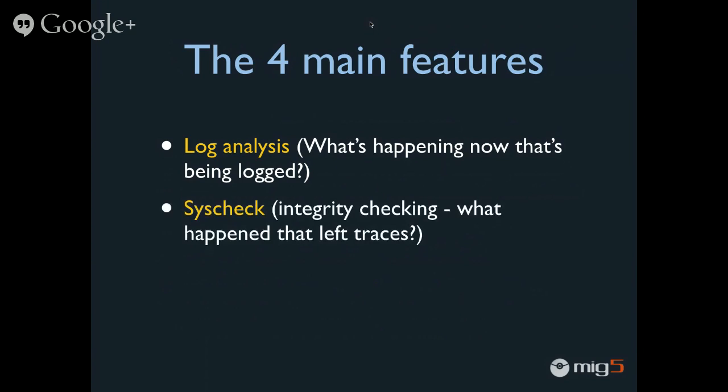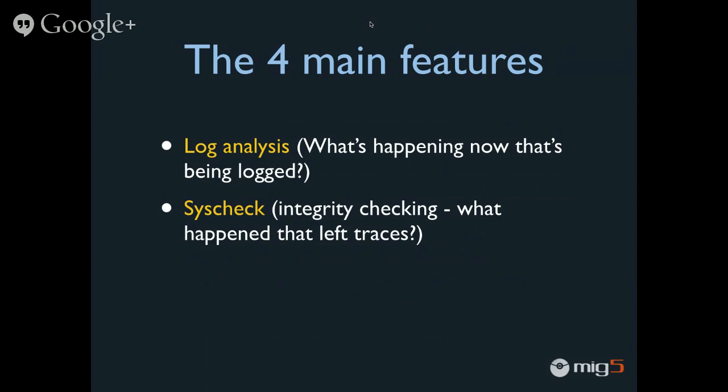The next feature is syscheck. That's what we call integrity checking. That's looking at what's actually changed, what's happened that's left traces on your system. The most common example being files that have been modified of some sort. They might be config files or binary files that have changed for some reason.